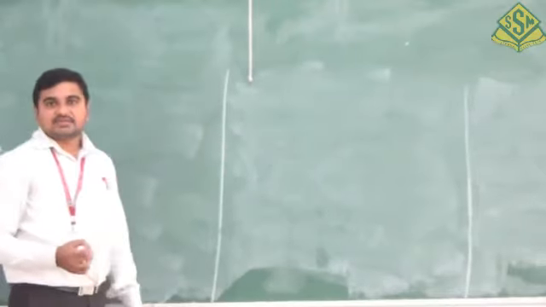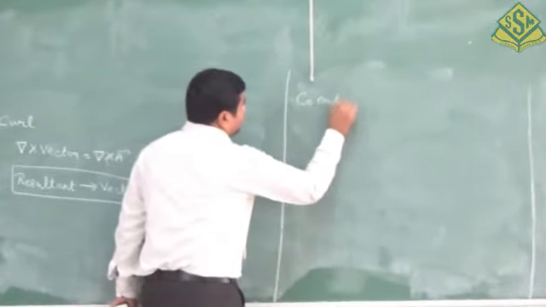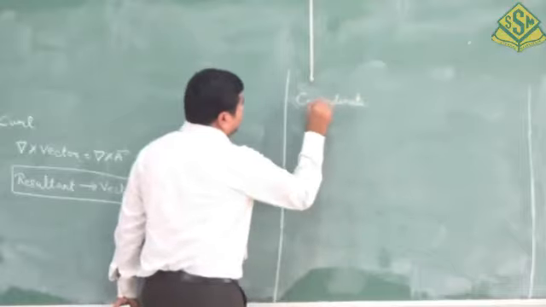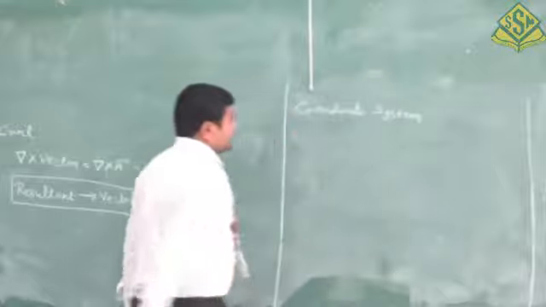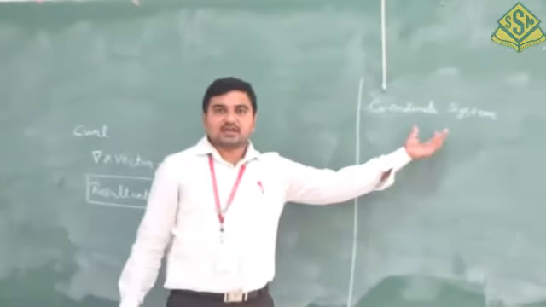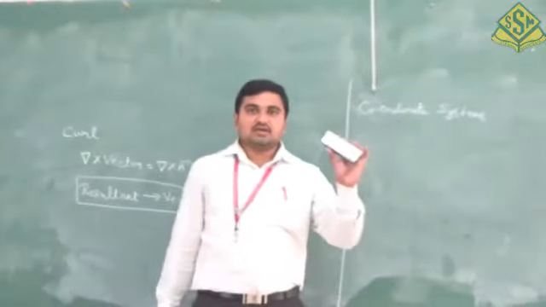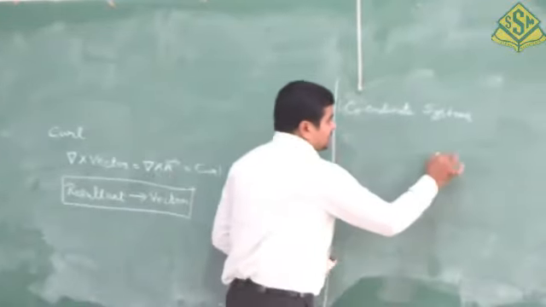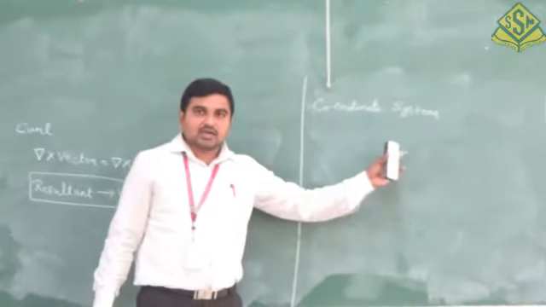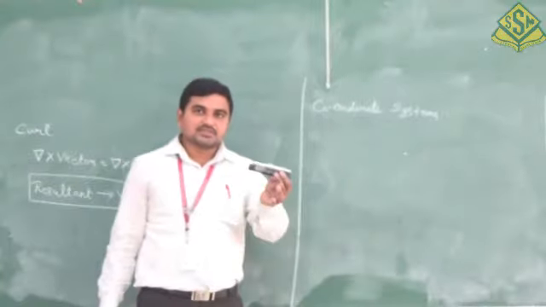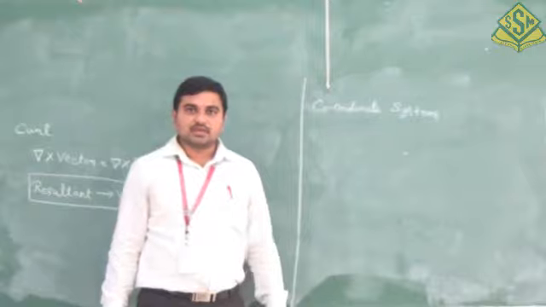So the next topic is coordinate systems. First we define a coordinate system. Consider this is an object or a dot. How we represent this point or object in a three-dimensional space is called a coordinate system.